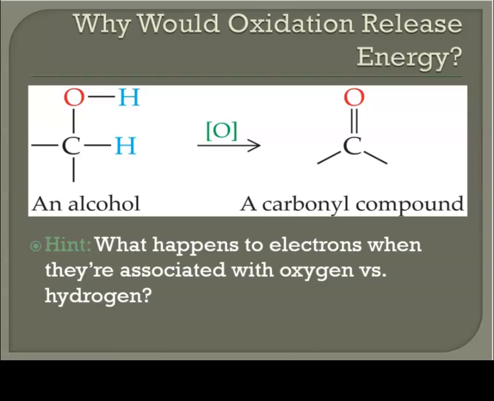So think about this. What happens to electrons when they're associated with oxygen versus when they're associated with hydrogen? Why would an oxidation release energy? Think about that. And the answer is that electrons pull in closer to the positive charge of the nucleus.